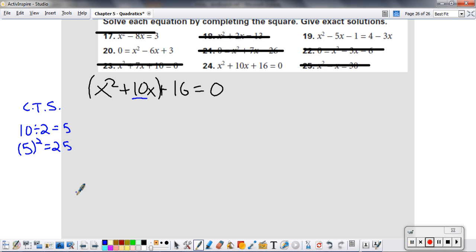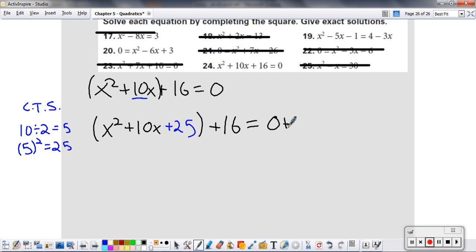And you will end up with x squared plus 10x plus 25 inside the parentheses plus 16, which has always been outside the parentheses, equals 0 plus 25. And I'm going to leave the rest of this here for you to do by yourself.